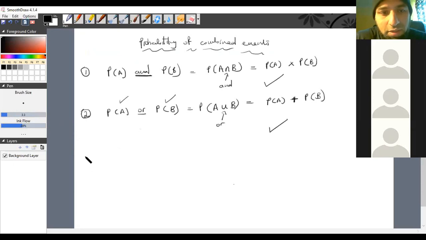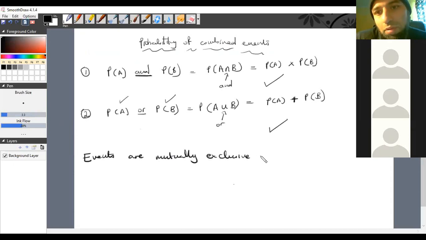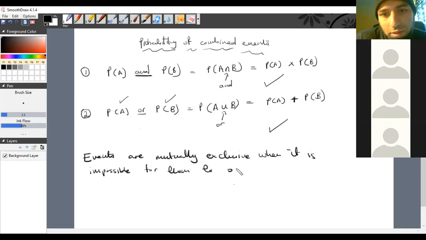Underneath it, we're going to write: events are mutually exclusive when it is impossible for them to occur together.